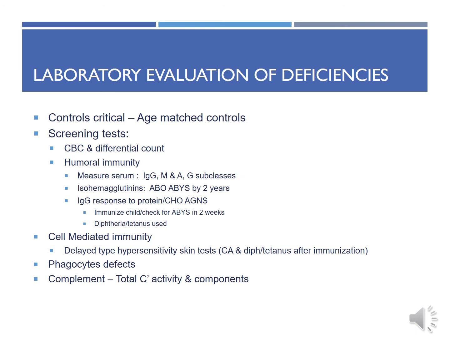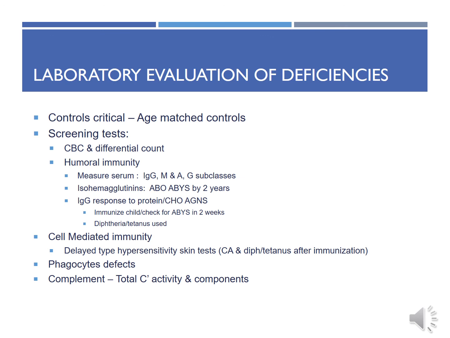We can then further that into looking at the humoral immunity as a whole. We can measure our serum Ig levels, measure our isohemagglutinin, and look at our IgG response to certain proteins.